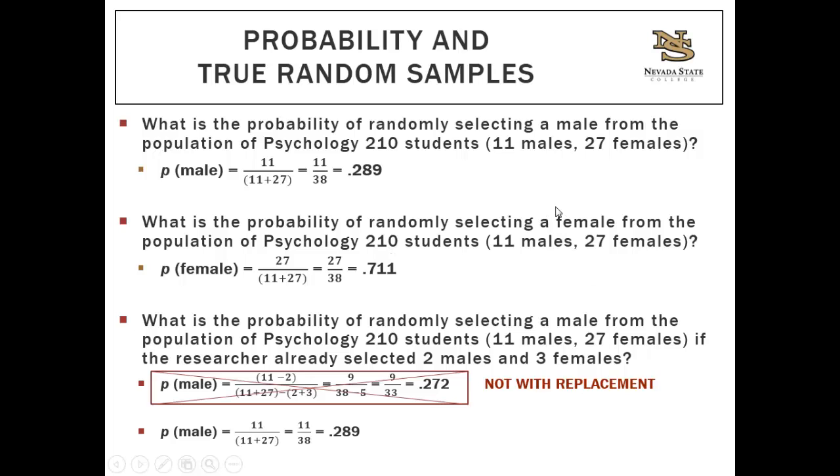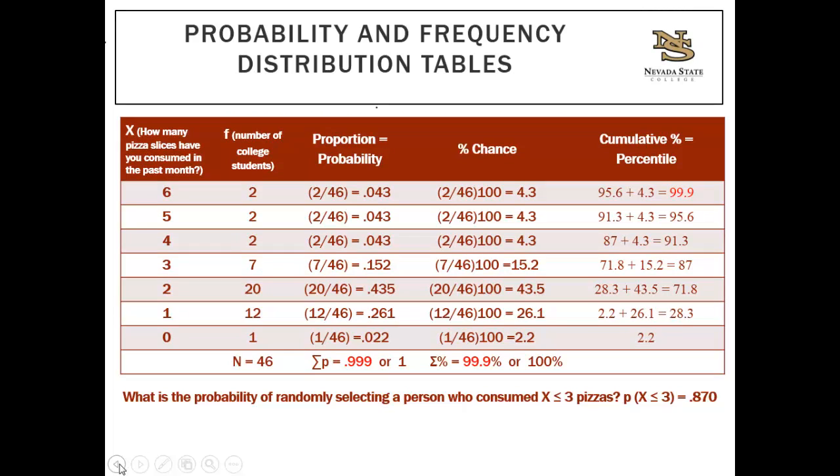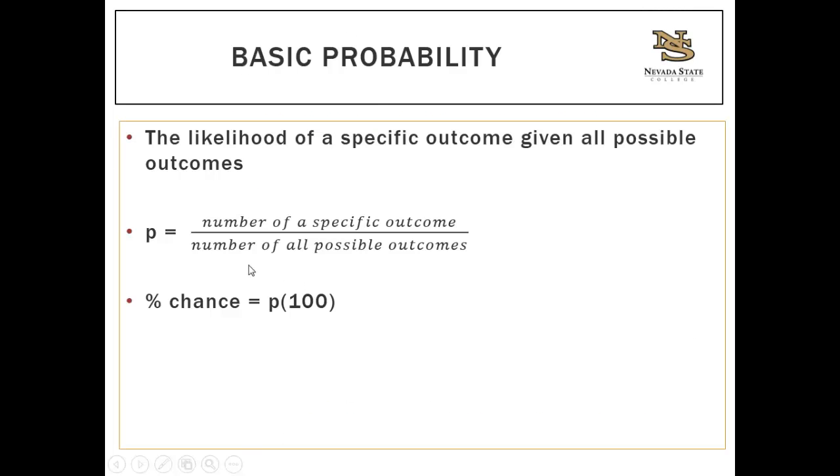So let's say that in Psychology 210, there's 11 males and 27 females. So if we go back to that formula, if we're randomly selecting a student from this class, 11 plus 27, the entire class, so there's 38 people in the class, that would represent the denominator of your formula, the number of all possible outcomes, the total number of students in the class.